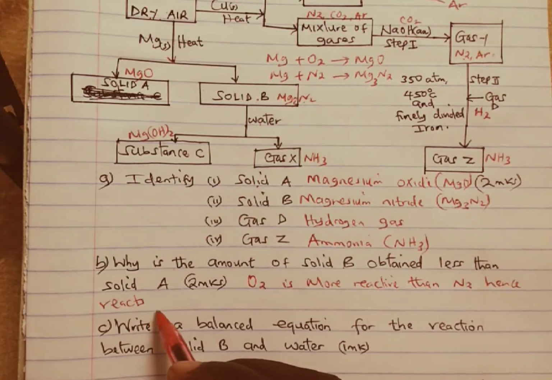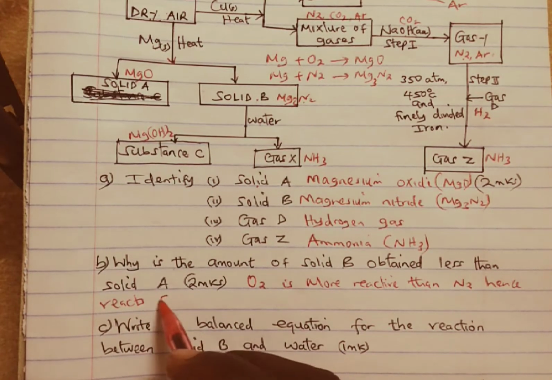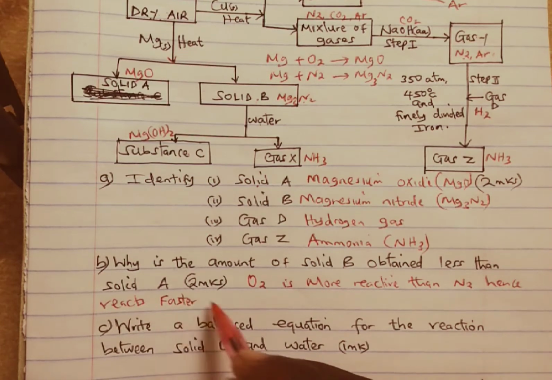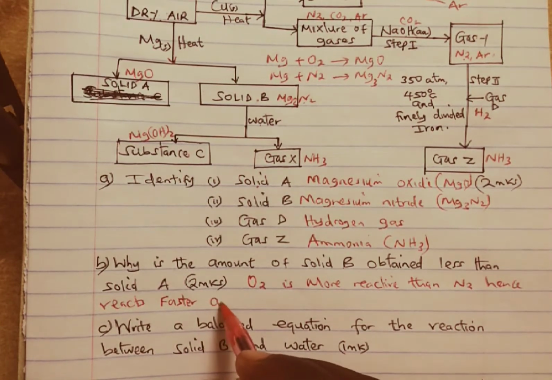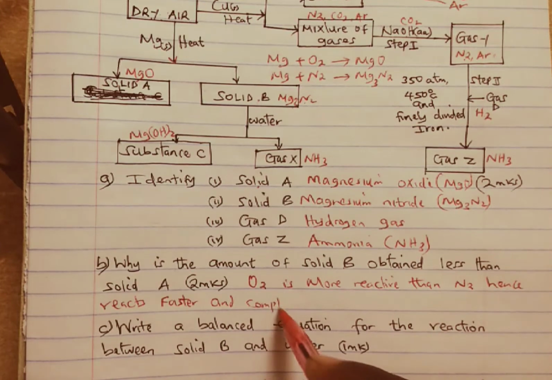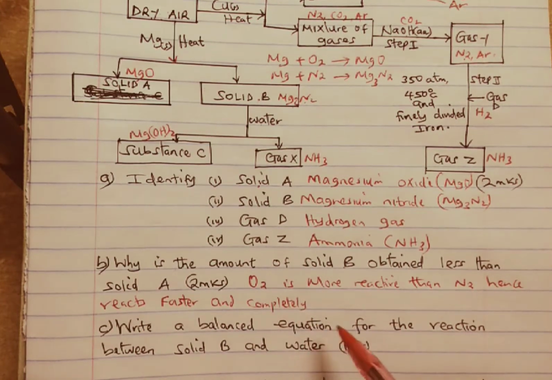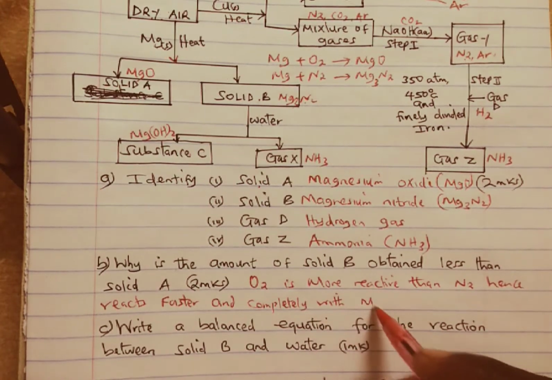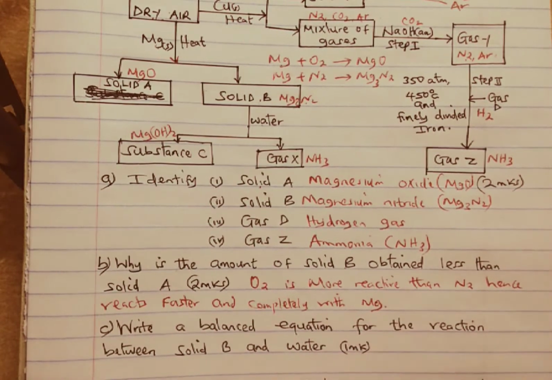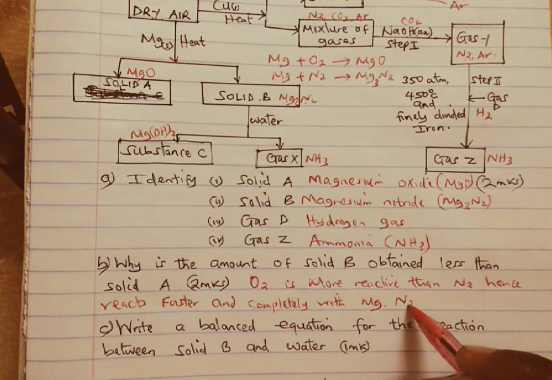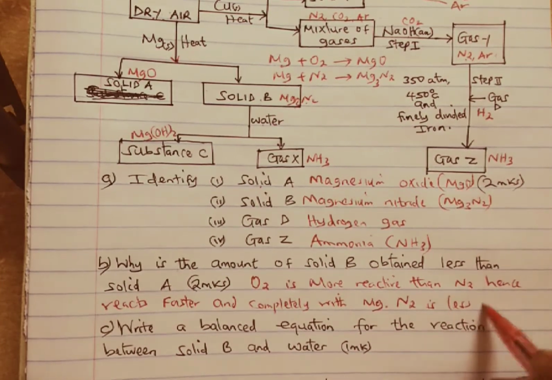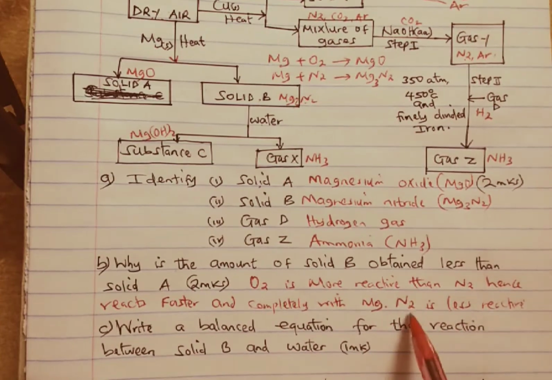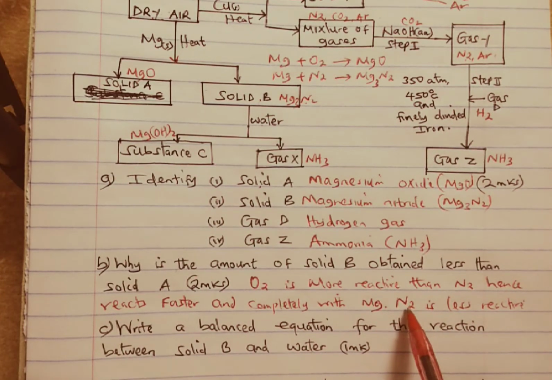reacts faster, and completely with magnesium. Nitrogen gas is less reactive, and remember, nitrogen gas is less reactive because it has a triple bond that requires a lot of heat energy to break.